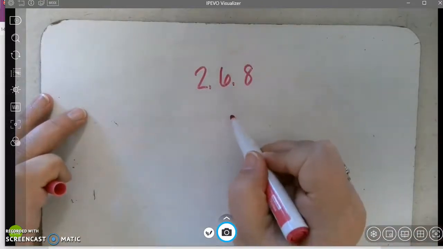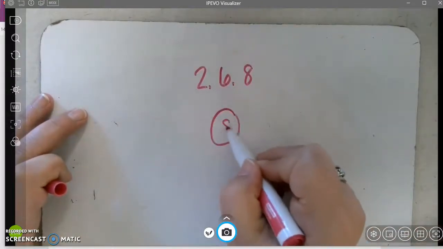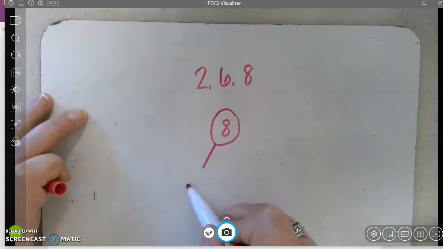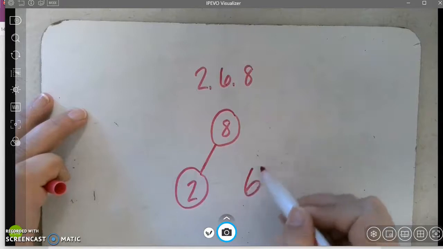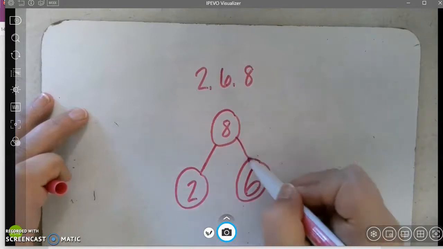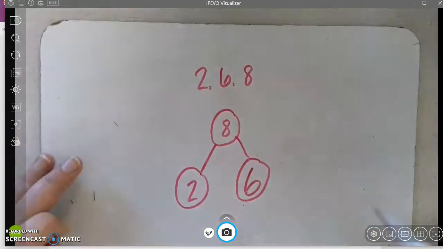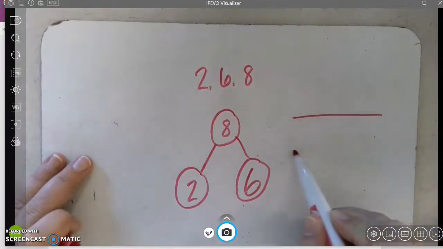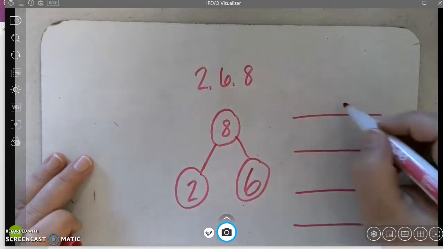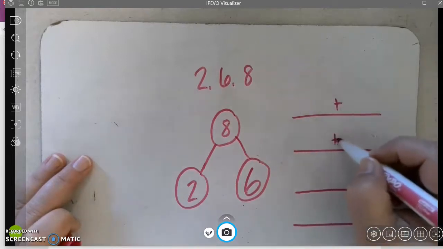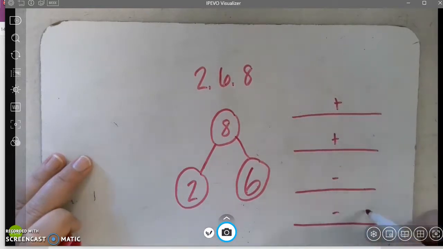And our number bond would have looked like this. Okay, and then we would have 4 equations, two addition and two subtraction.